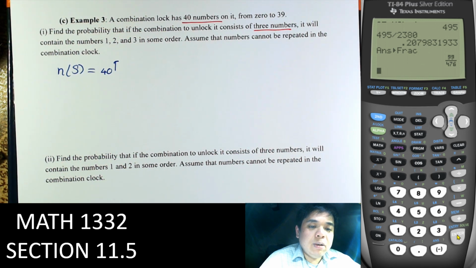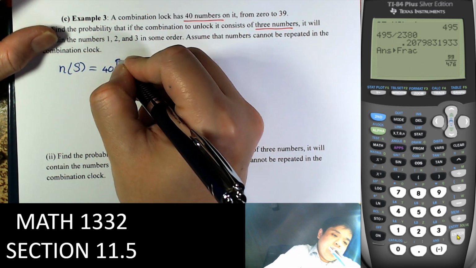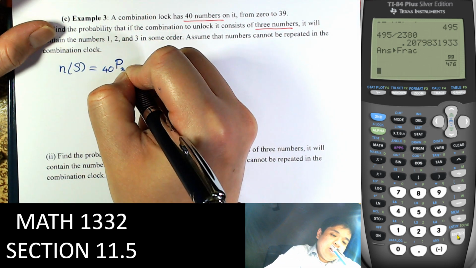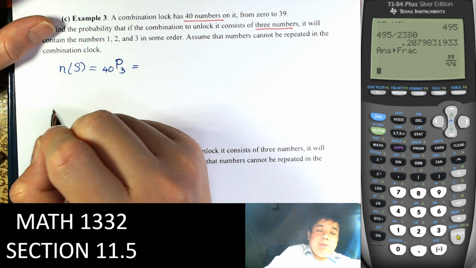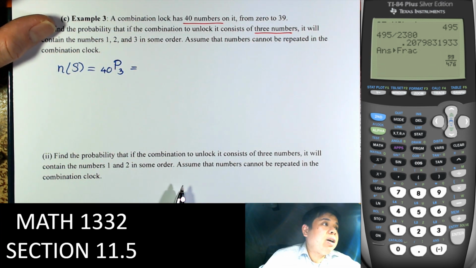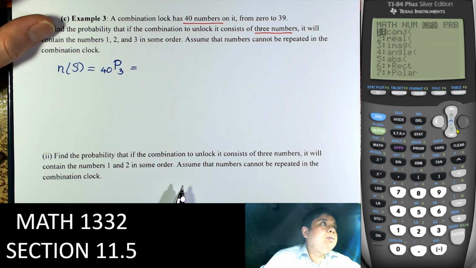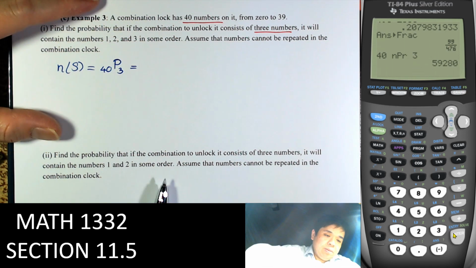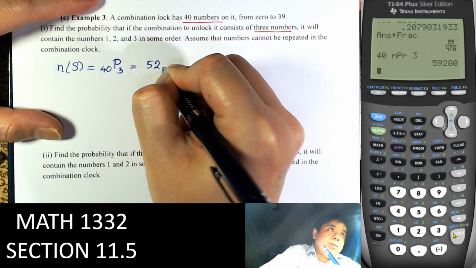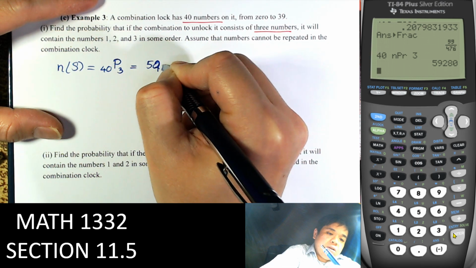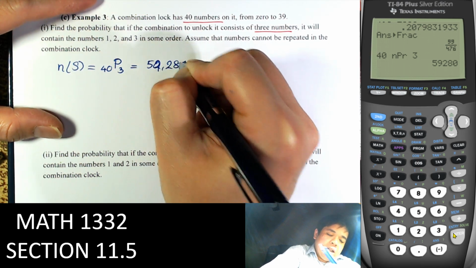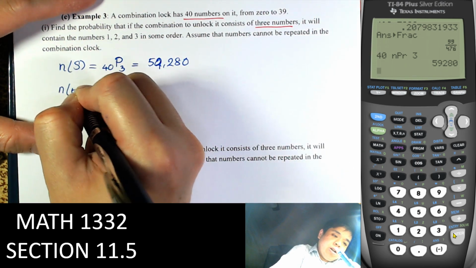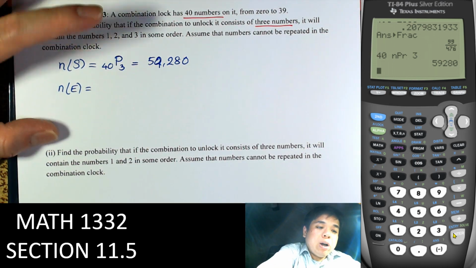It had to be a permutation, because order does matter here, right? Select 3 of them: 59,280. And then for the particular event, 1, 2, 3 in some order.